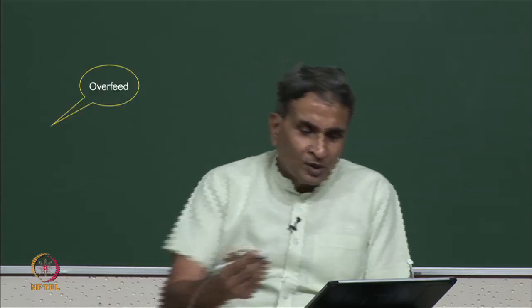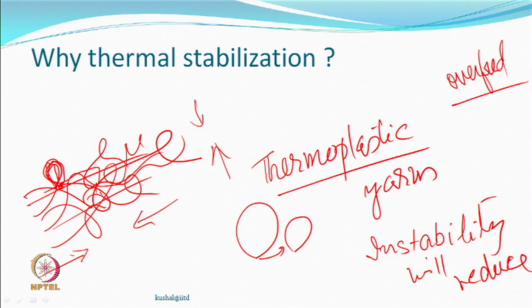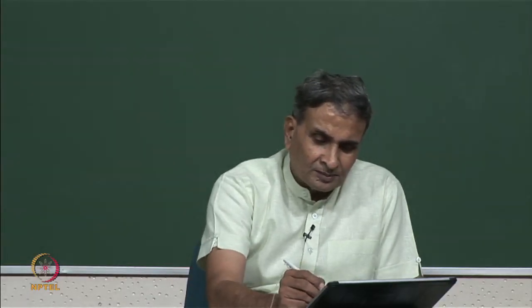So, what will you do here? Underfeed or overfeed in this zone? So, we will give some overfeed. Does it mean there will be no tension in the yarn? Because you are overfeeding, no tension in the yarn? Yes or no? There will be tension because it will shrink.